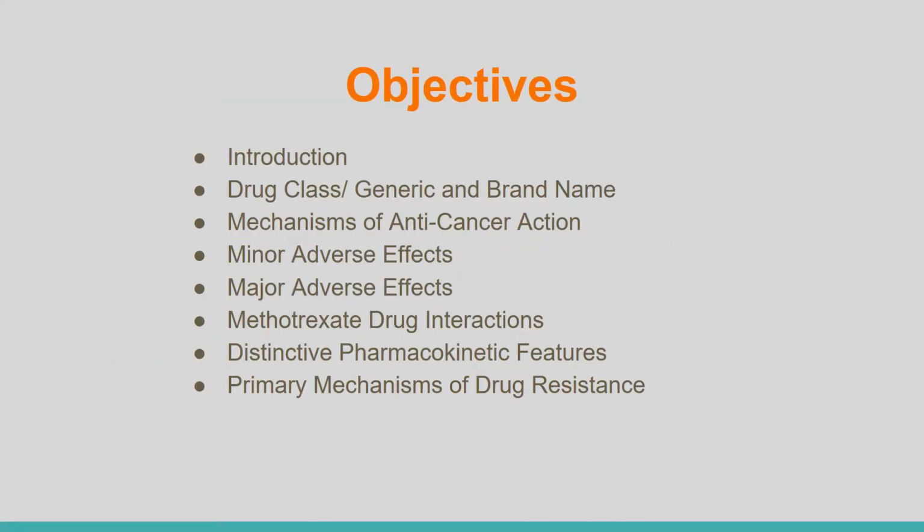Our objectives for today will be the presentation of drug class, generic and brand names of methotrexate, mechanism of anti-cancer action, minor and major adverse effects of methotrexate, drug interactions, pharmacokinetic features, and we'll also be talking about the mechanism of drug resistance of methotrexate.